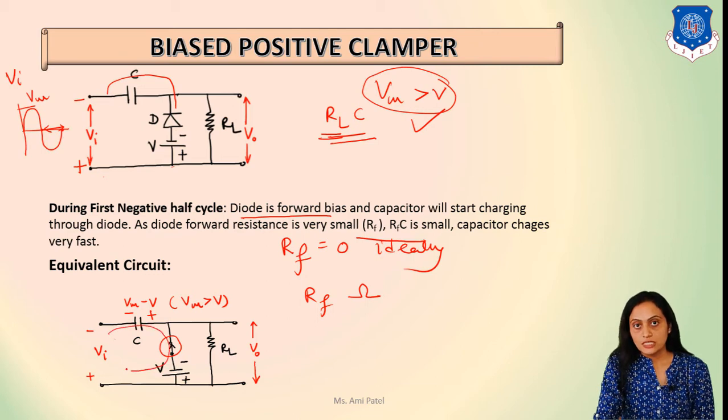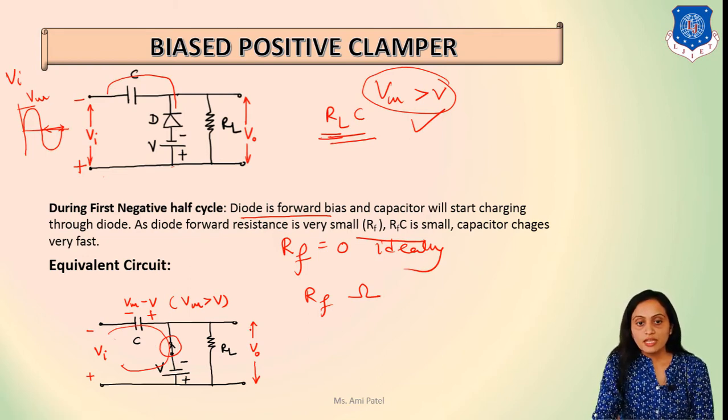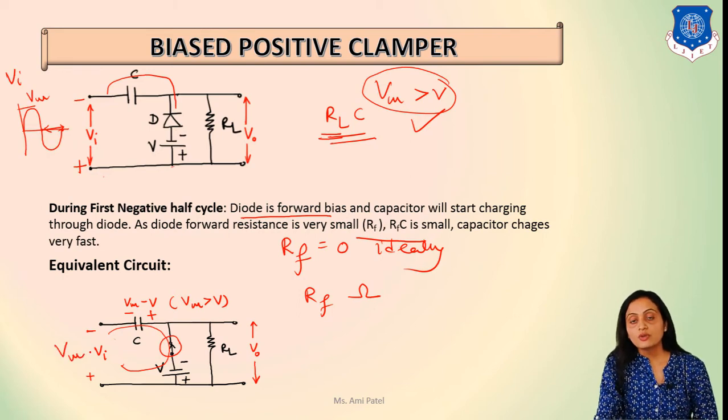The path of charging is this, and we need to see up to what voltage level the capacitor will charge. For that, you can see this is the input signal polarity, minus plus Vi, and the maximum value of the voltage applied at the input is Vm, and this polarity is minus plus, that is the reference voltage.